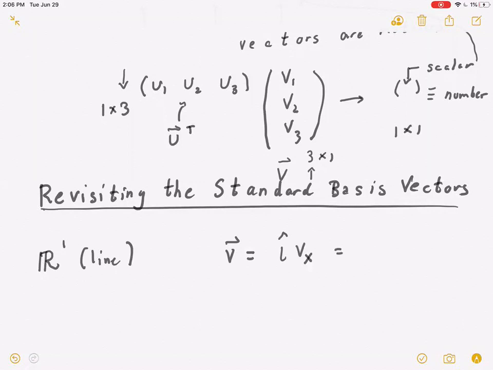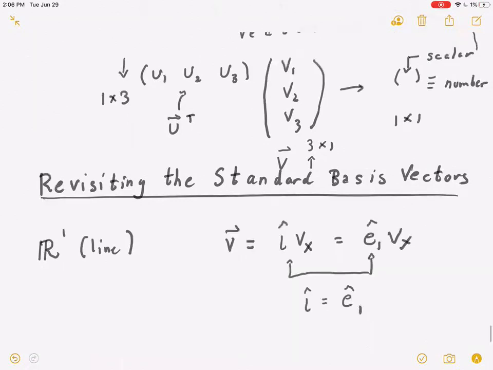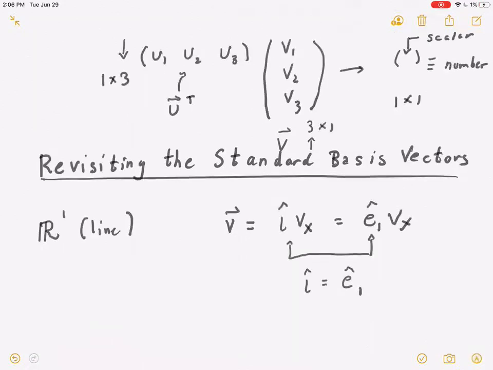We also discovered an alternate way of writing this, where E hat sub 1 is the same thing as the unit vector I hat. It's a different form to write the same thing. Why we want to go through this exercise, we'll see later on in today's lecture.